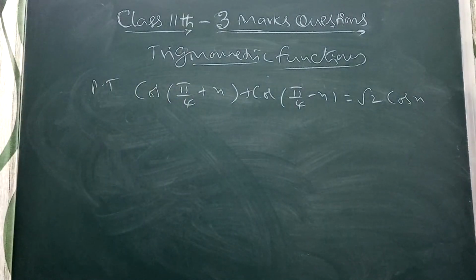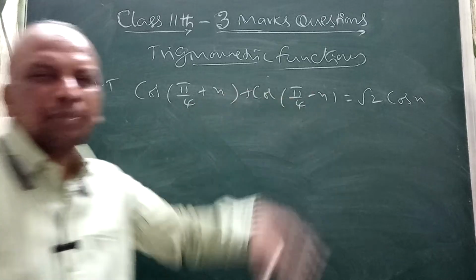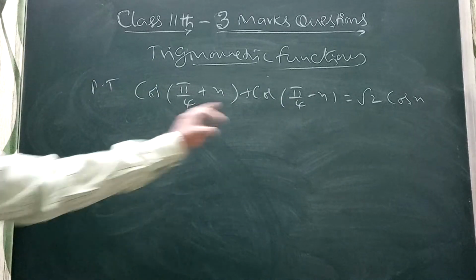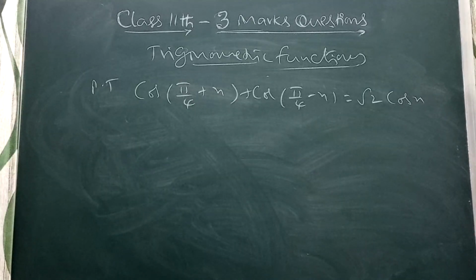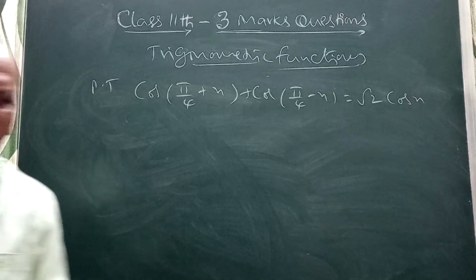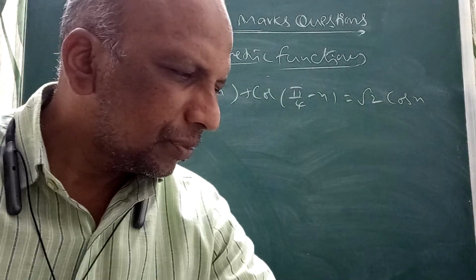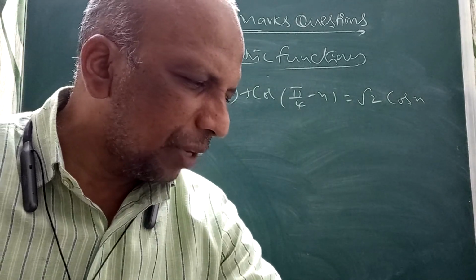You have chances of being asked this problem. So think of cos of a plus b plus cos of a minus b. You can simplify this by just expanding cos of a plus b plus cos of a minus b.